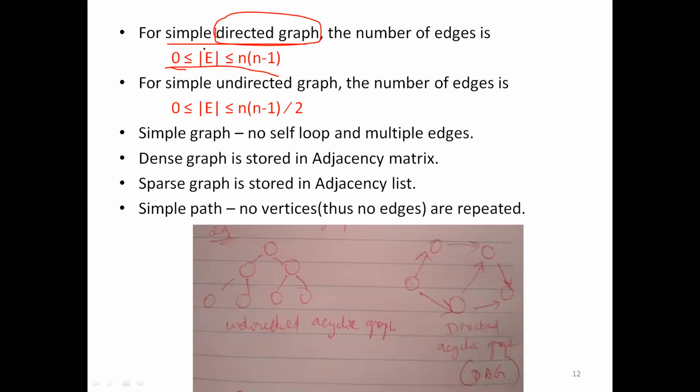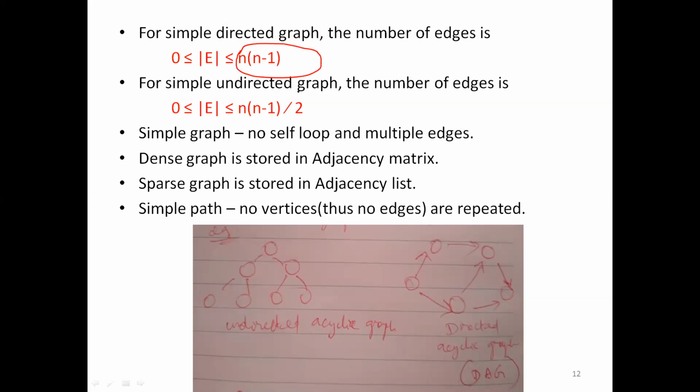So in case of a directed graph, how do we calculate the number of edges? The minimum is 0 edges and it falls between 0 and n into n minus 1 edges. This is in case of a directed graph.